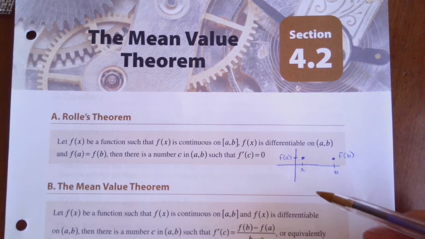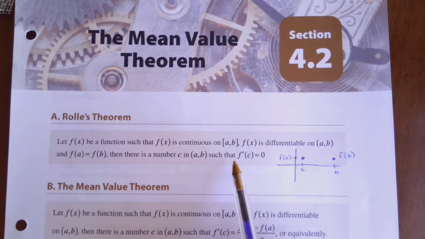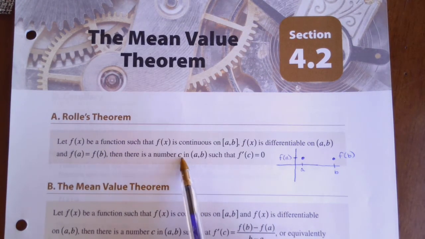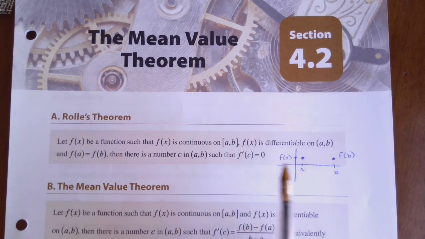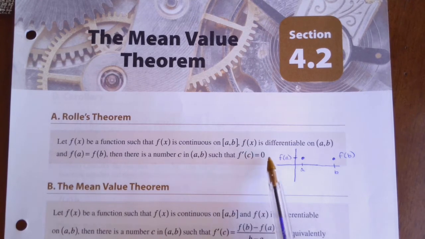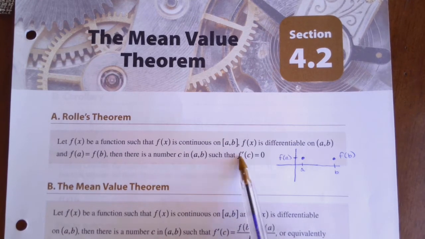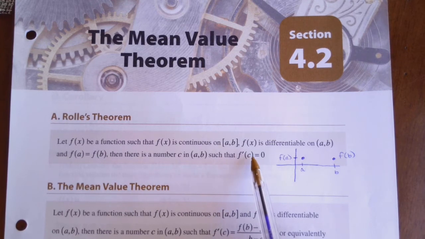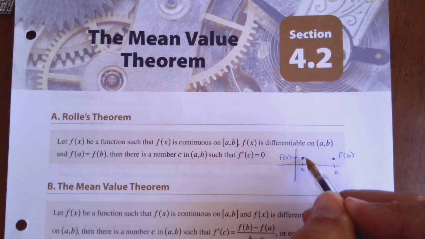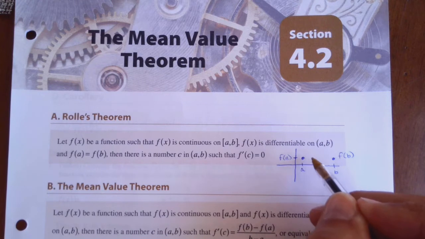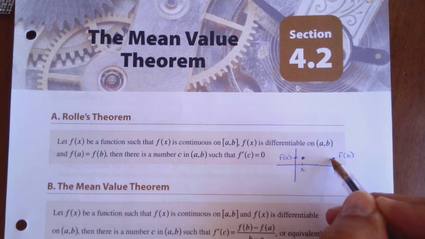But no matter which of those things happened, I can find at least one number c between here where the derivative is 0. So think about what that means. When would the derivative be 0? Okay, we know the derivative is 0 where there are max and mins or a horizontal line. So if my graph did this, then every point in between would have a derivative of 0.